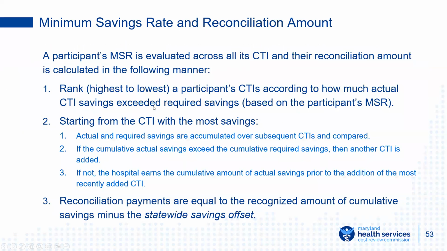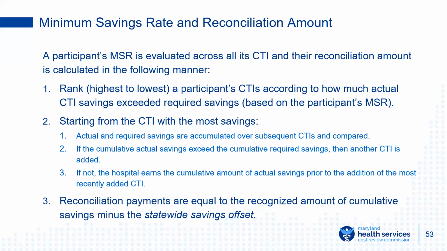The only thing I want to clarify before we get to that is that the final reconciliation payments that are made via the MPA take into account both the savings that a participant accrued minus the statewide savings offset. So this is the budget neutral part of the program. The statewide savings offset simply takes all of the savings across the entire state, the entire program that exceeds the minimum savings rate, and then applies that as an offset to each hospital on the basis of its proportion of the GBR payments.